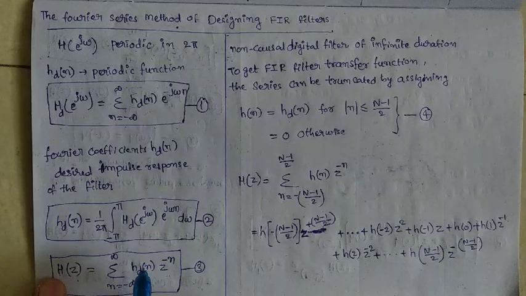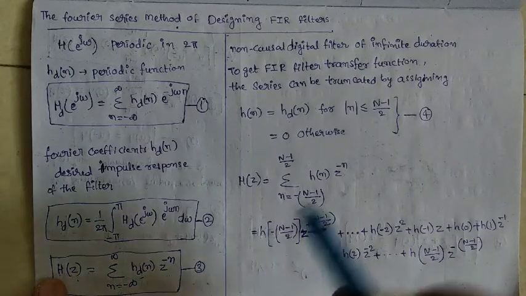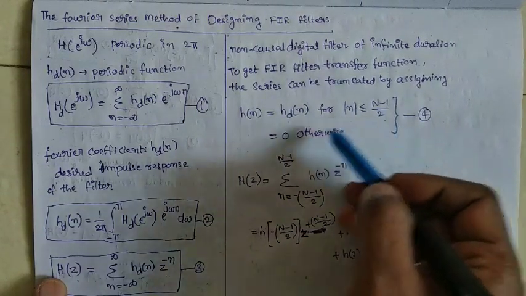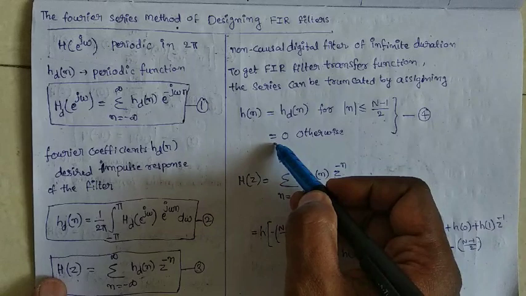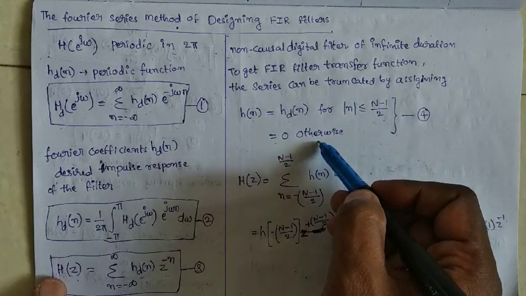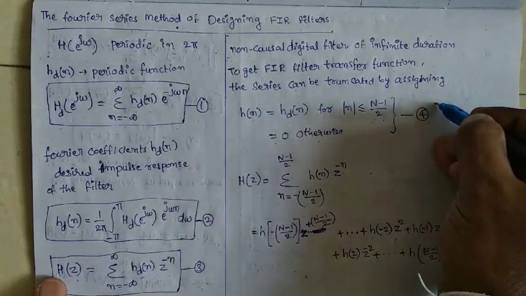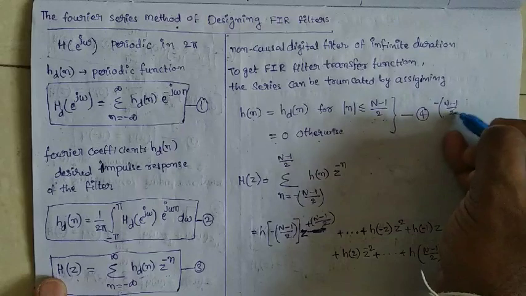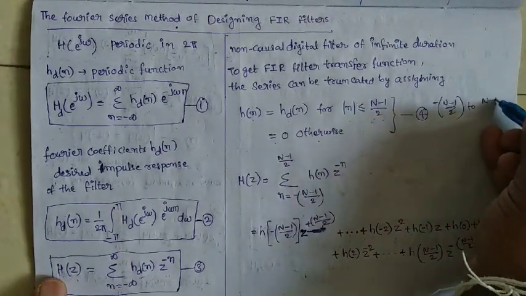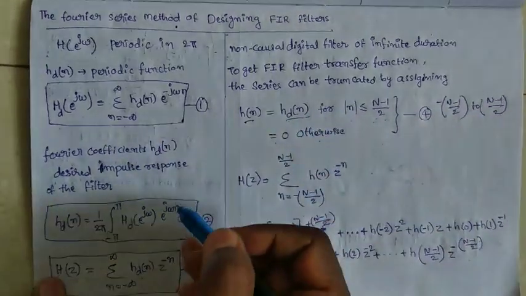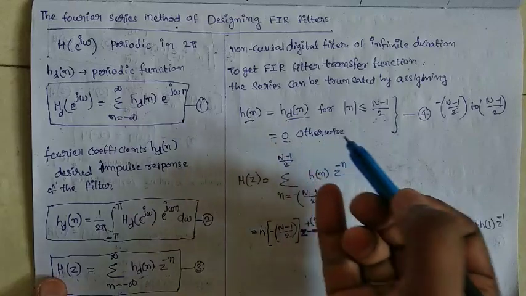Here h of n is equal to hd of n for minus (N minus 1) by 2 to (N minus 1) by 2, that is, mod n less than or equal to (N minus 1) by 2, and we equate h of n to 0 for the remaining values. In this interval, minus (N minus 1) by 2 to (N minus 1) by 2, h of n is equal to hd of n, and in the remaining interval we consider it to be 0.